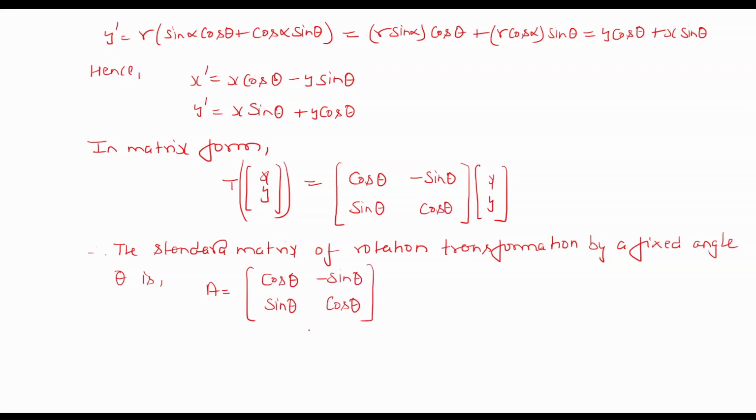Okay, now let's move to a plane. If you have a transformation T from R cube to R cube, a rotation operator, rotation transformations which rotate the vectors about the positive x-axis through an angle theta, then what should be the transformation?